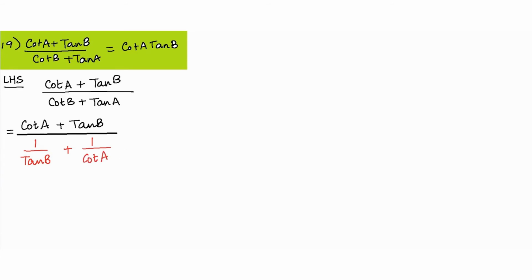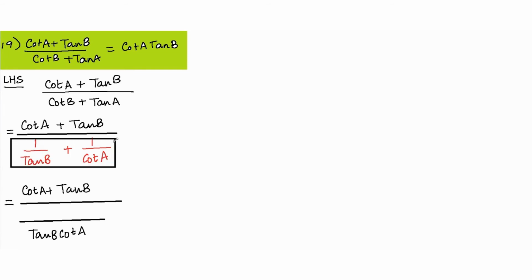So therefore, this is now equal to, the numerator is cot A plus tan B divided by the denominator, which is now going to be tan B cot A, and after taking the LCM, right now I am simplifying the denominator.